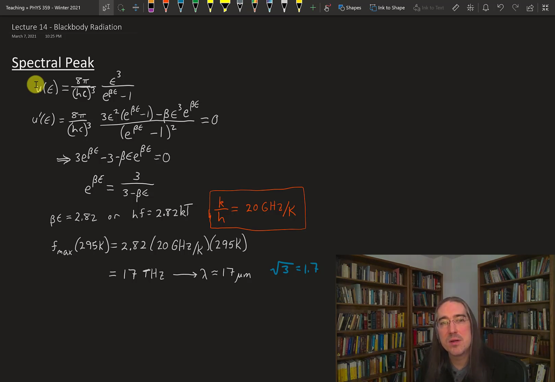If you instead change variables to wavelength, there's also going to be a change in the measure of that integral. We got this from taking the integral that gives you energy per unit volume and just pulling out the integrand. If you change that integral to be an integral over wavelength, not only will you substitute in hc over lambda for the energy, there's also the d energy, the measure of the integral.